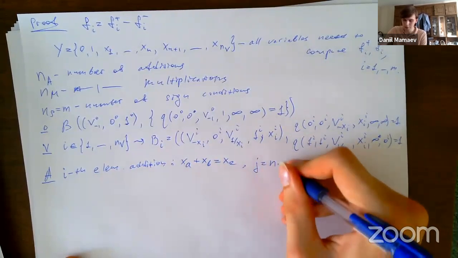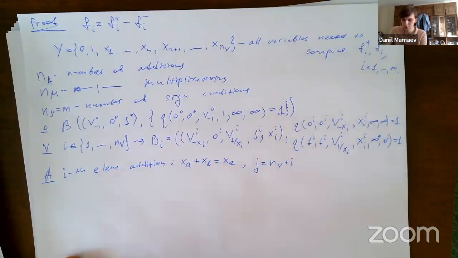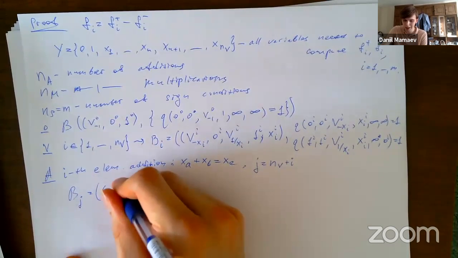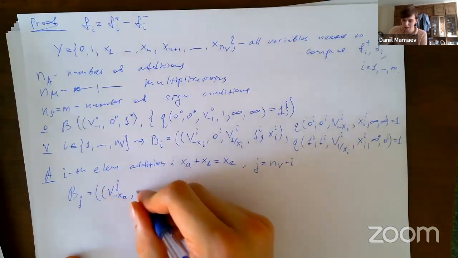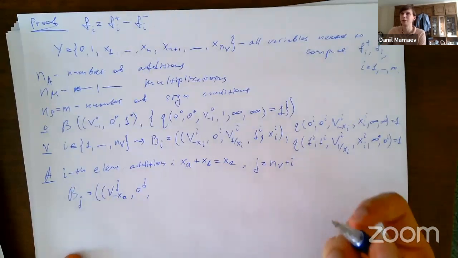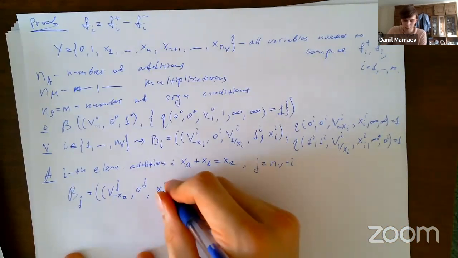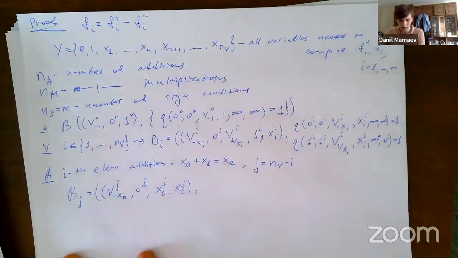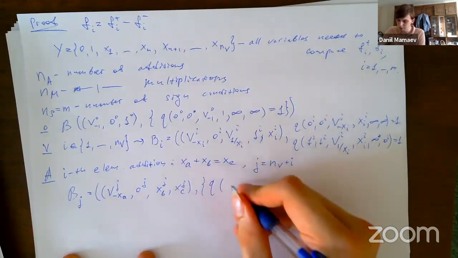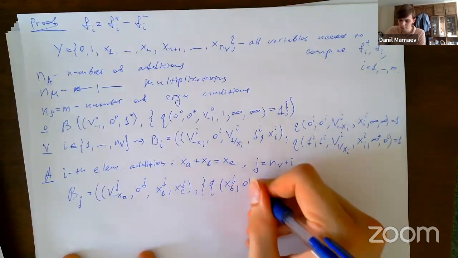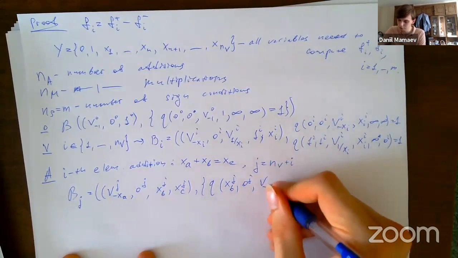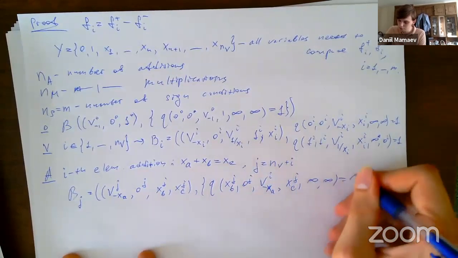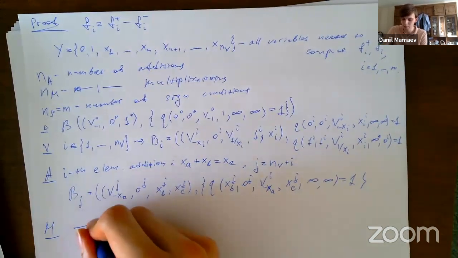Then we just say that it's the next cluster, and this cluster basically says, in the language of quadrilateral relations, that xa plus xb is equal to xc. For multiplication, we do the same.